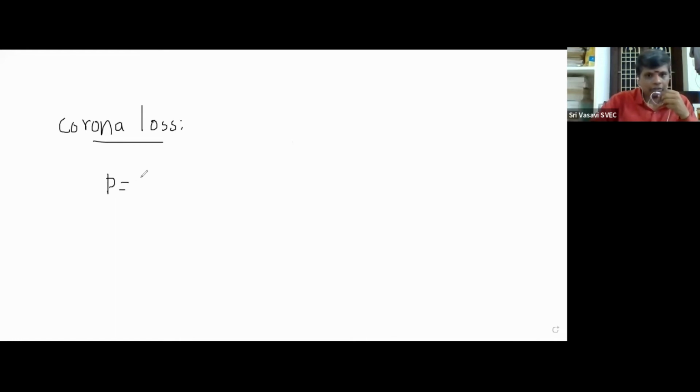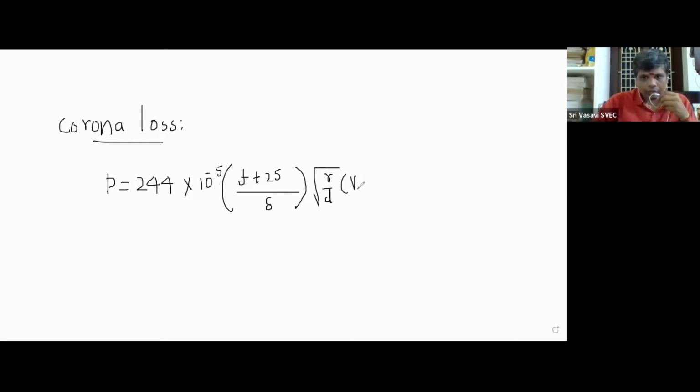It is given as 244 × 10^-5 × (f + 25) × √(r/d) × (Vp − Vd)², in kilowatt per kilometer per phase.